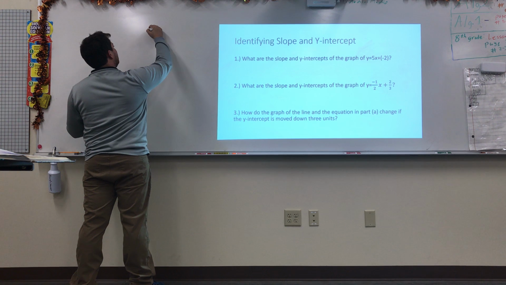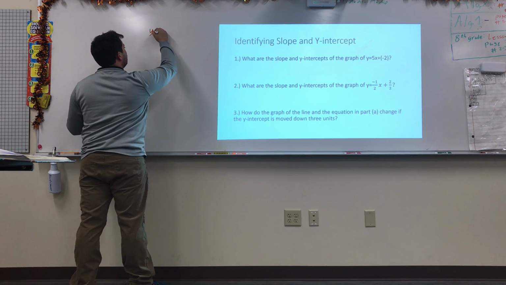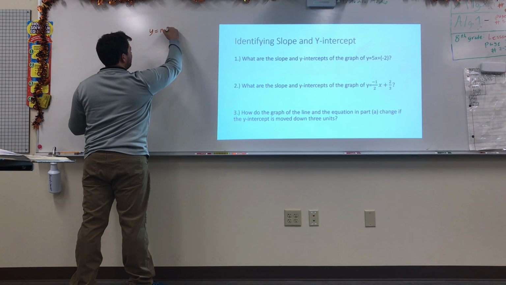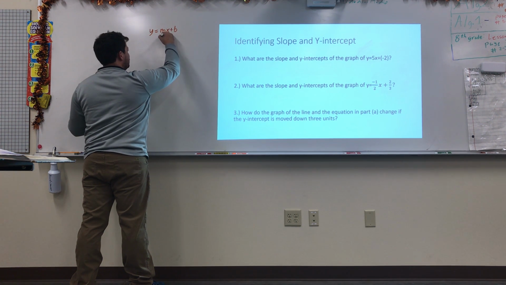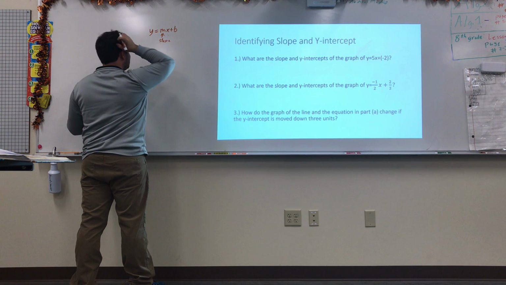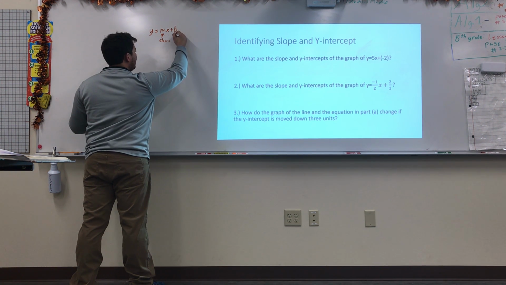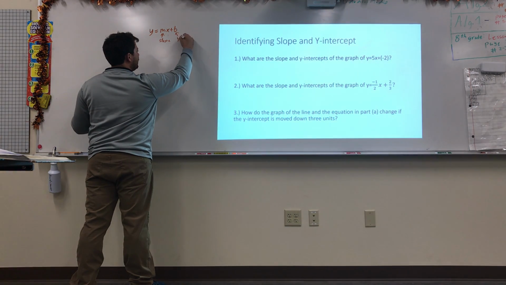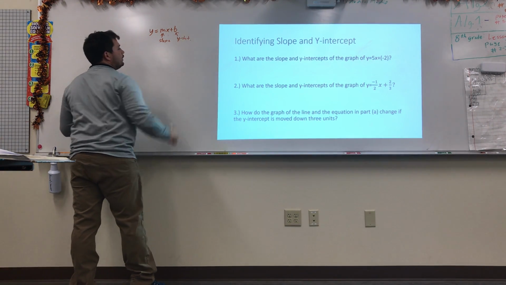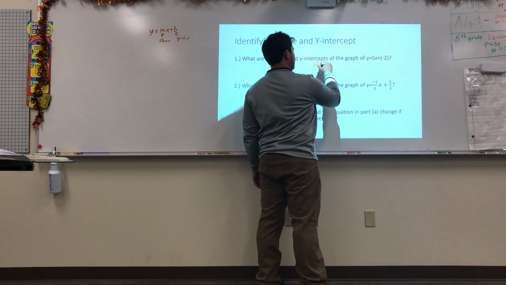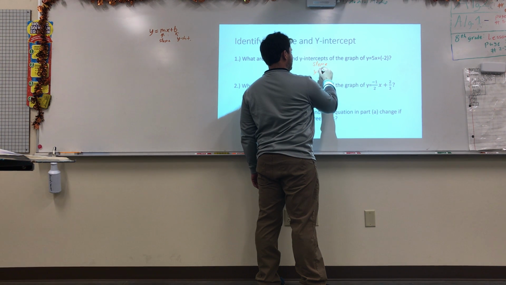In this formula, which is called slope-intercept form, you have y equals mx plus b, m being your slope. So the number that is next to or getting multiplied by x, or is in front of the x, is your slope. Behind, which is either going to be plus or possibly even a minus, is going to be your y-intercept. So, based off that, we should be able to find this slope and our y-intercept.